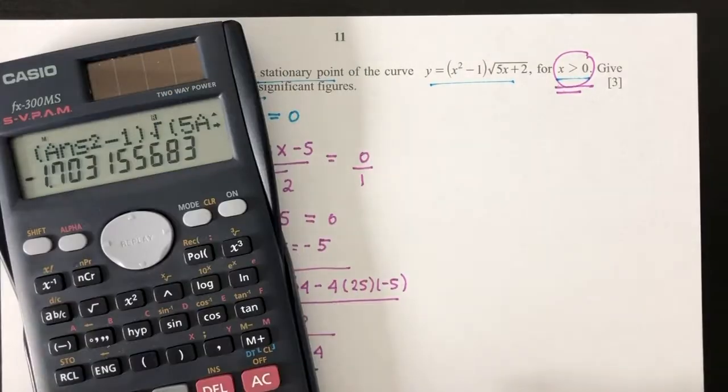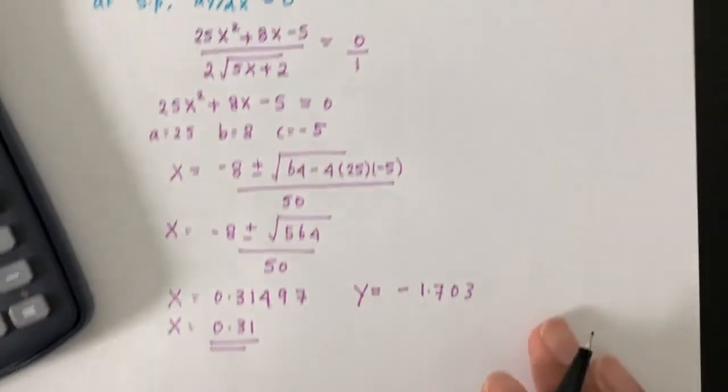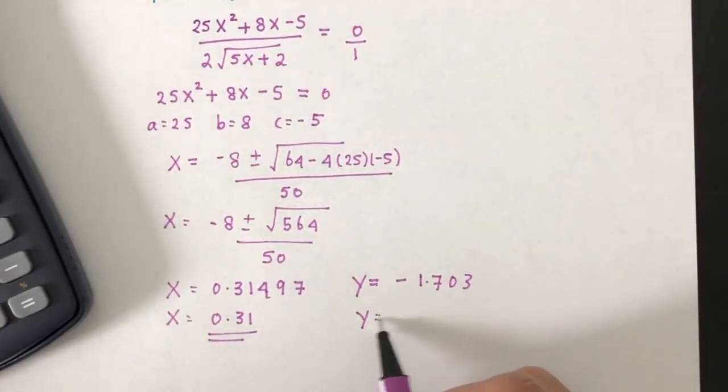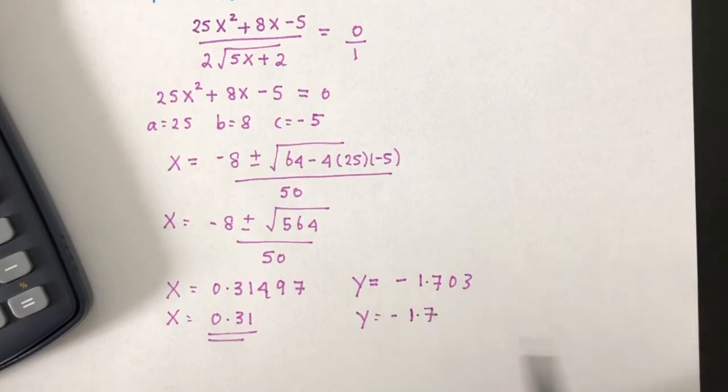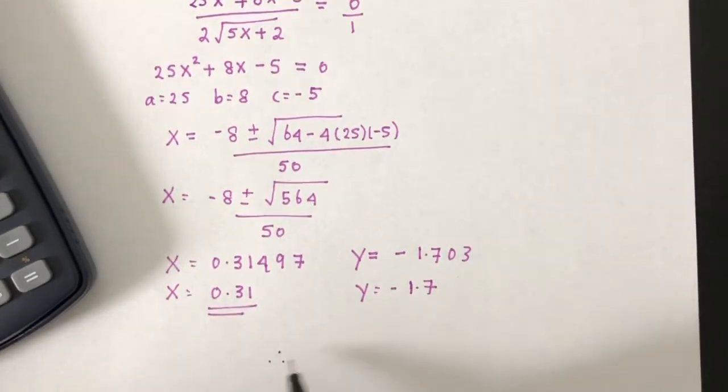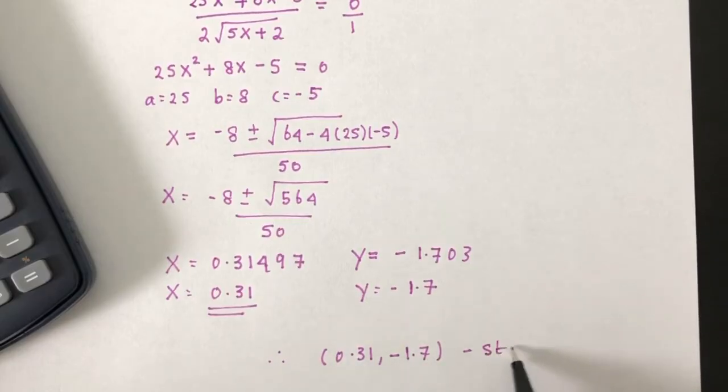That will become minus 1.703. So correct to 2 SF, that will become y equals minus 1.7. So your answer will be x is equal to 0.31, and that is y for the point. This is your stationary point.